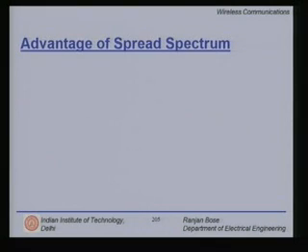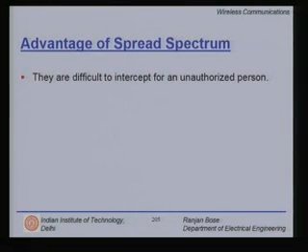Let us now talk very briefly about the advantages and disadvantages of spread spectrum techniques. First, the advantages. First of all, they are inherently very difficult to intercept for unauthorized persons. We use a large spectral bandwidth, but the power emitted is very low.